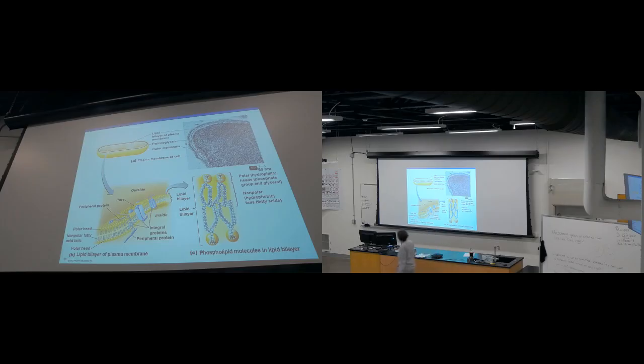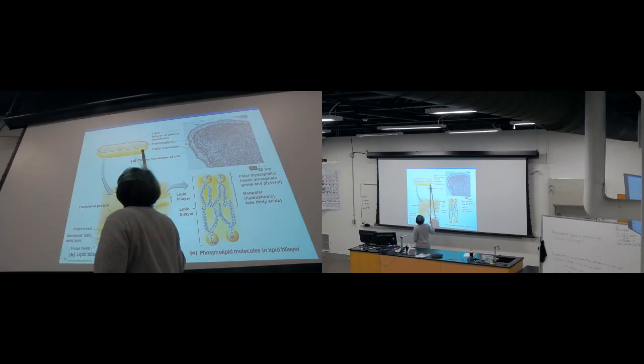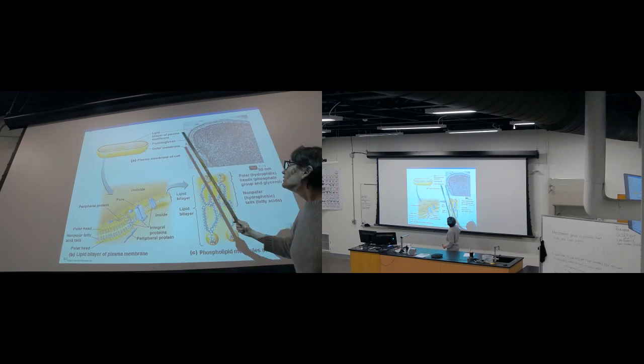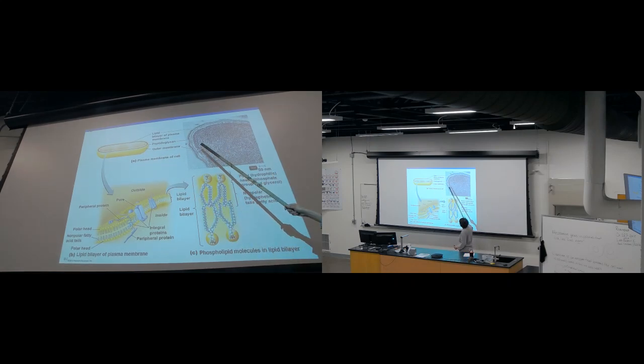So here are the characteristics then of this plasma membrane, which will be, in this case, a gram-negative because you have two plasma membranes, the inner and the outer. So here is the inner and here's the outer.